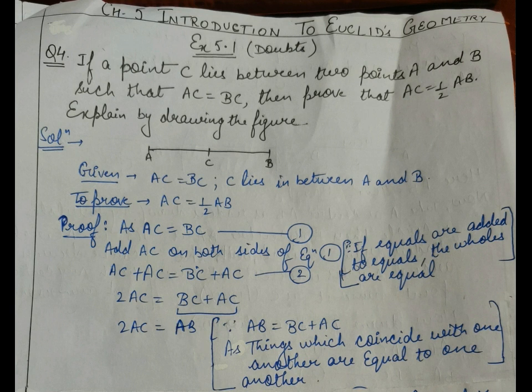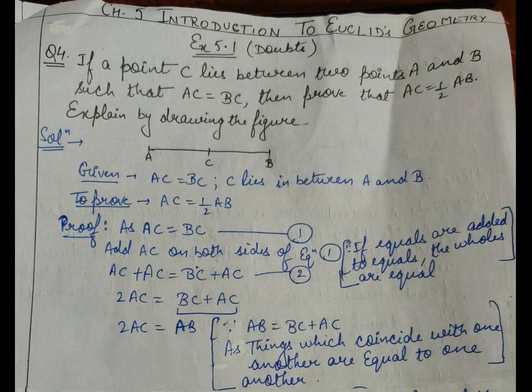So here we'll get our equation number 2, that is AC plus AC is equal to BC plus AC. Now the LHS of equation number 2 will become twice of AC and the RHS of equation number 2 will become AB. How?